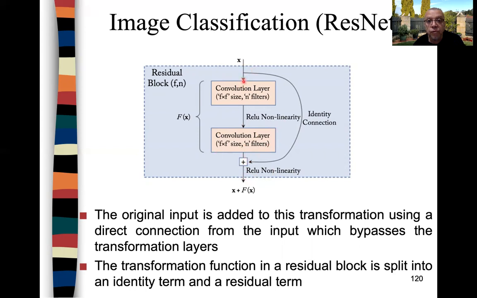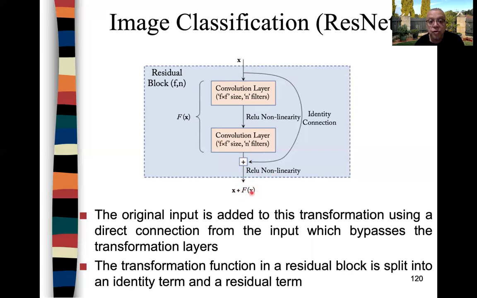you have this skip connection, also called an identity connection, where before you apply the ReLU, you take this input and add it to the net activation here, and then the result is fed to the ReLU. So if this transformation is f of x, you get x plus f of x.